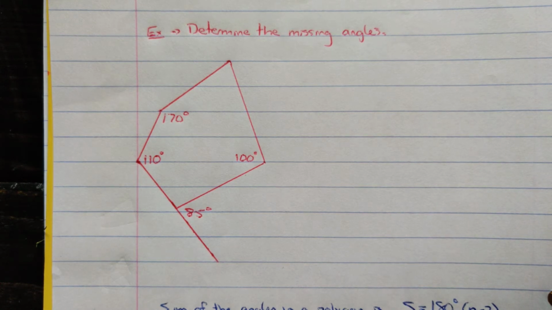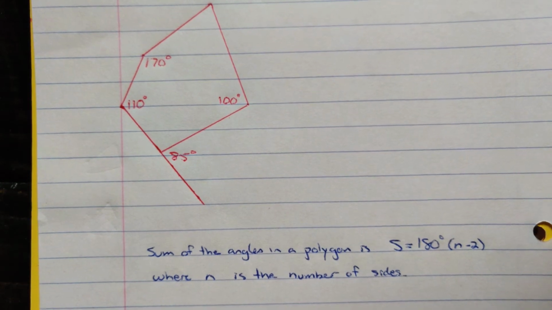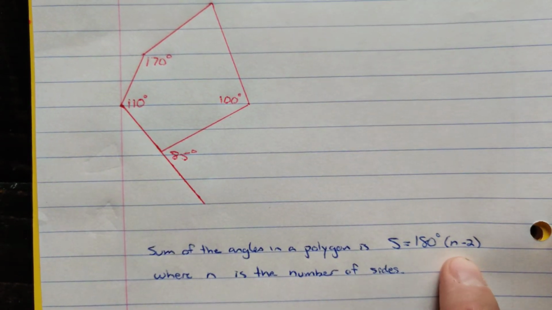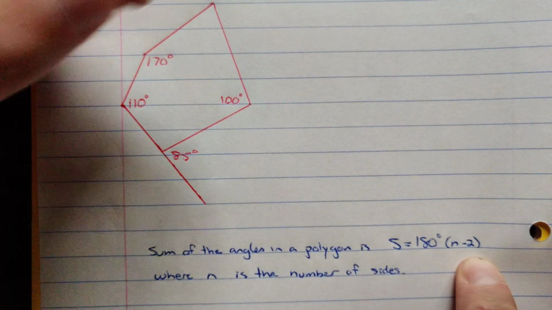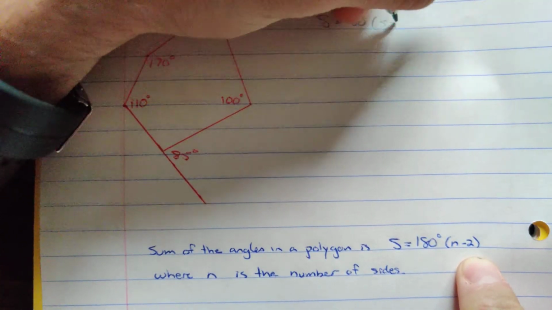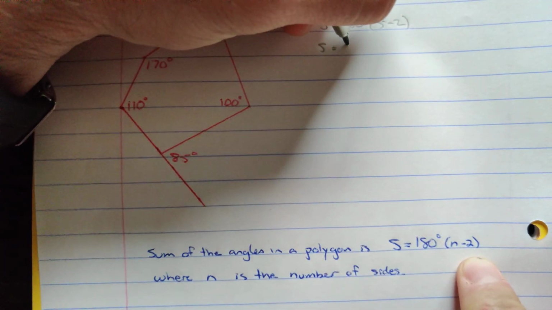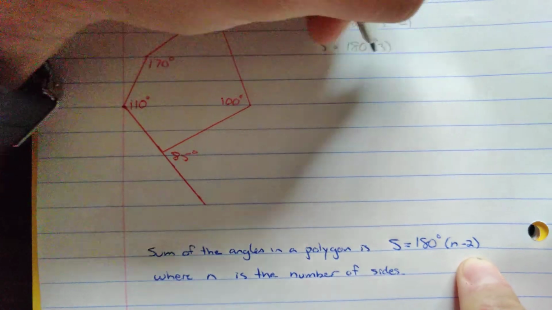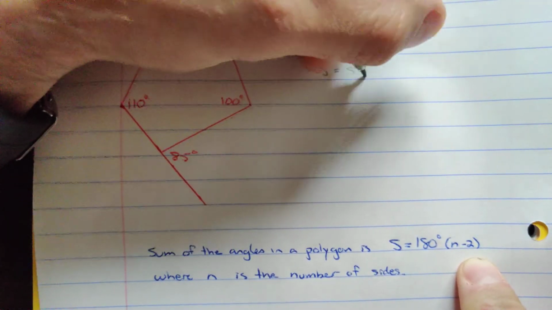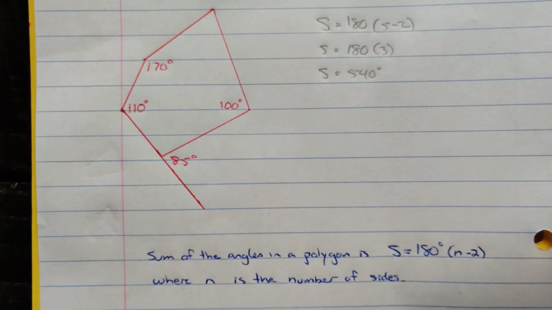We can also use the formula, which I mentioned earlier. The sum of the angles is just 180 times the number of sides minus 2. So the sum of these angles, again, 180 times 5 minus 2, or 180 times 3, which is going to be the 540 degrees. So the total of all these is 540 degrees.